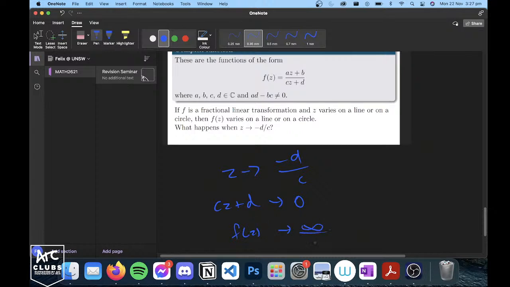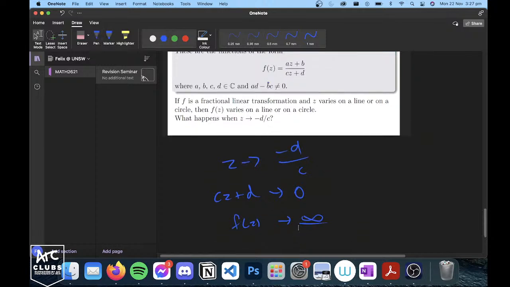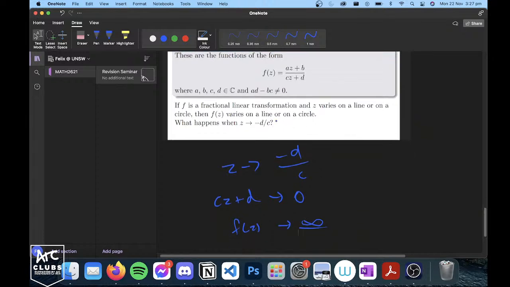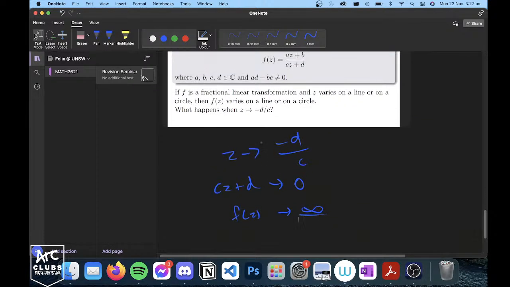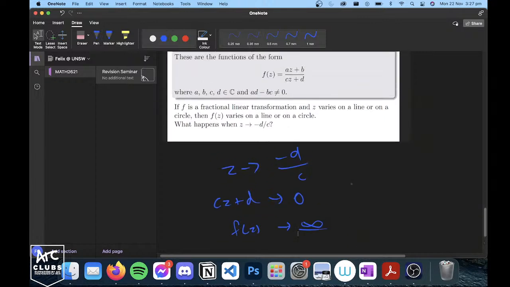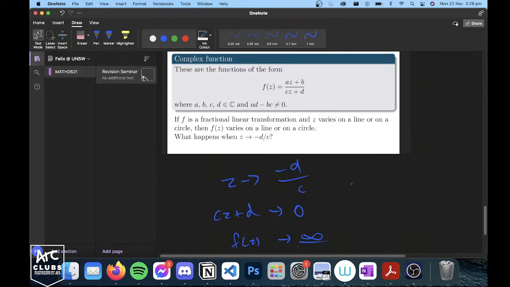And because it's approaching infinity, that means f of z must be unbounded. And because of this useful theorem above, we find out that if it's unbounded, then all these function values must be on a line, right? Because if it was on a circle, then it would be bounded, right? And so we can use this to give us an idea of what the image of a function is under an FLT.